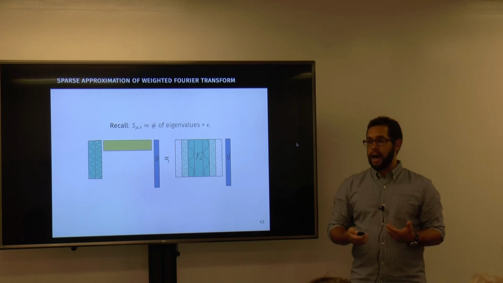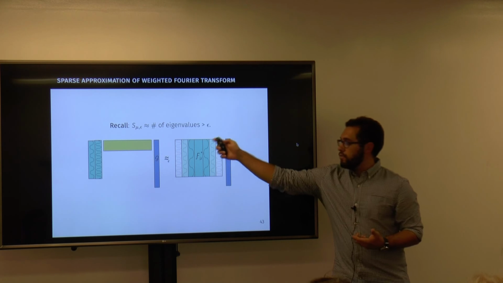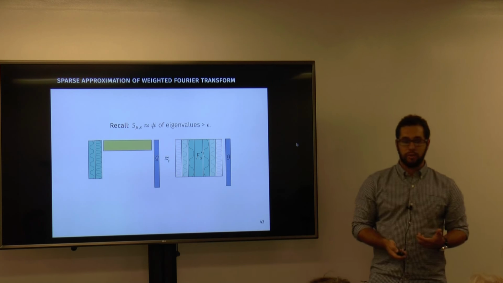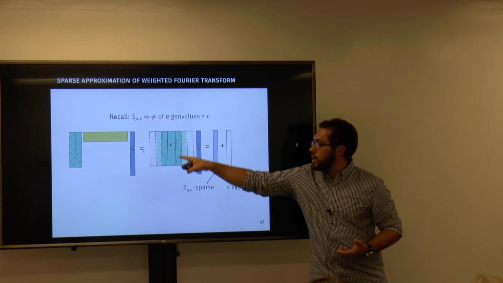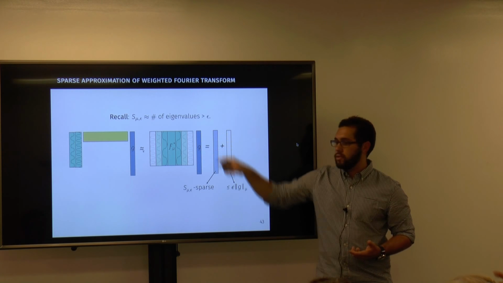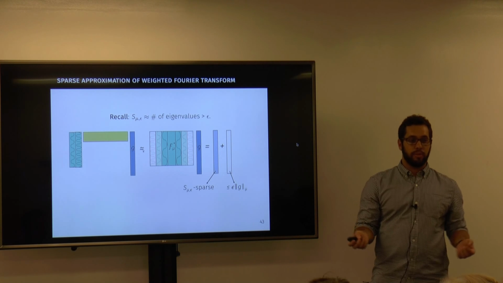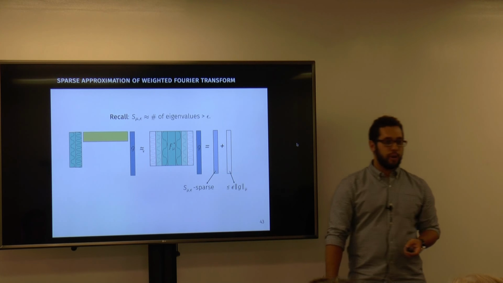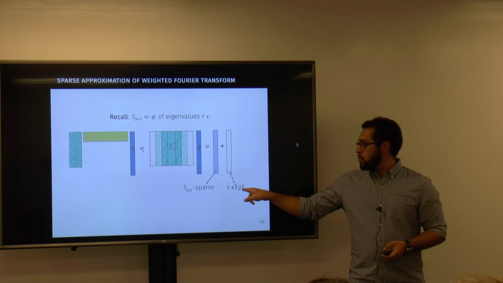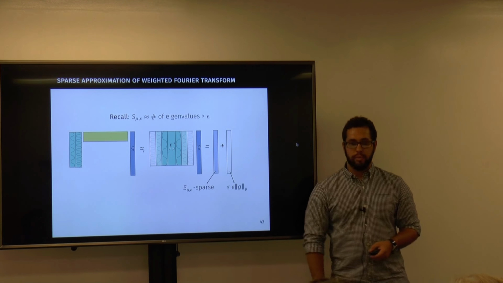And this lets me bound my sensitivity scores for the weighted Fourier matrix. Because when I look at the weighted Fourier matrix times some weights on frequencies g, I'll get something out that looks like a sparse Fourier function, and then the error will be epsilon times the norm of g.